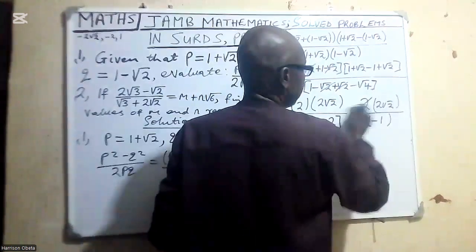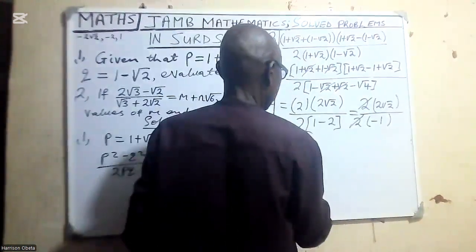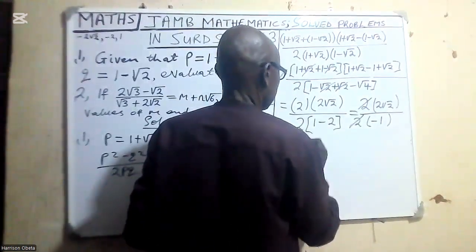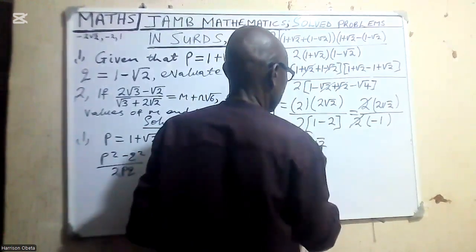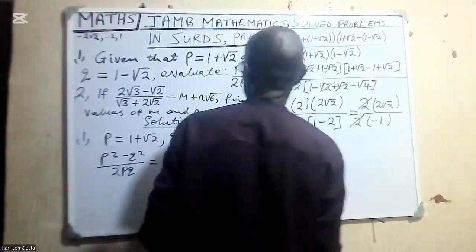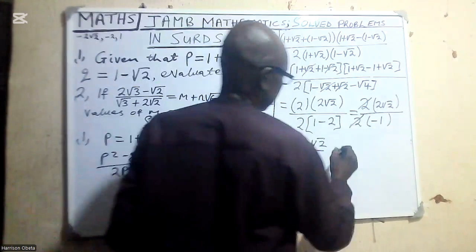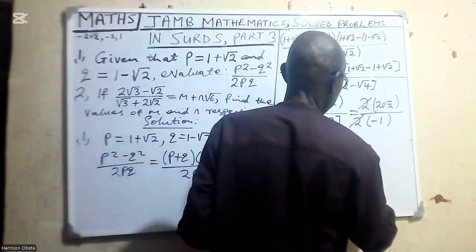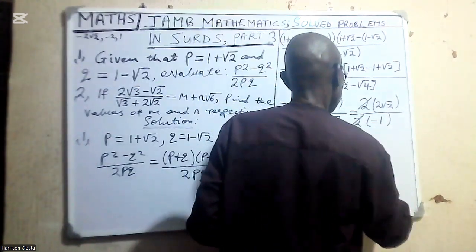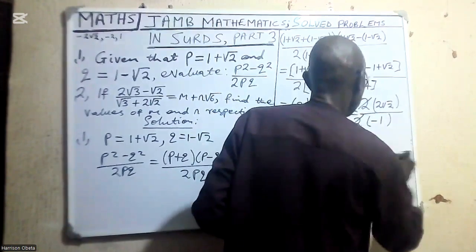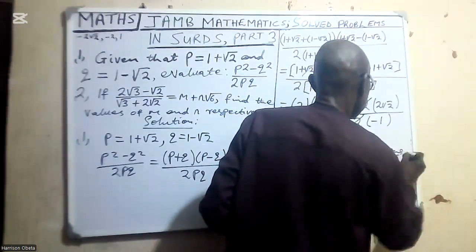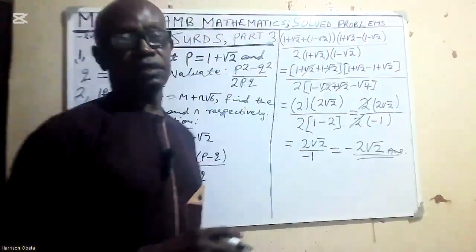And then we can divide, giving us 2 root 2 all over minus 1, which finally we have minus 2 root 2. So this is the final answer to that.